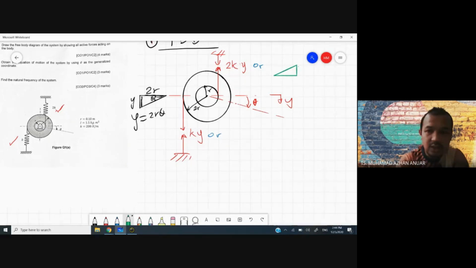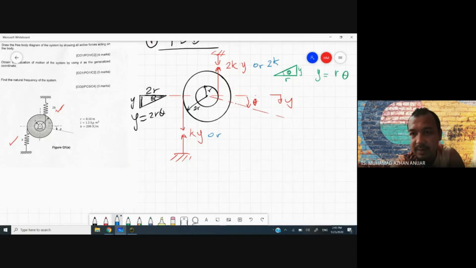So in this case, this is your new Y, this is your theta, and this is your R. So for this case, Y is equal to R theta. All right. So in order to represent this, we can represent it as 2K multiplied by R theta, or we can represent this as K multiplied by 2R theta. Either one. Okay. So now this is our free body diagram for the given system.